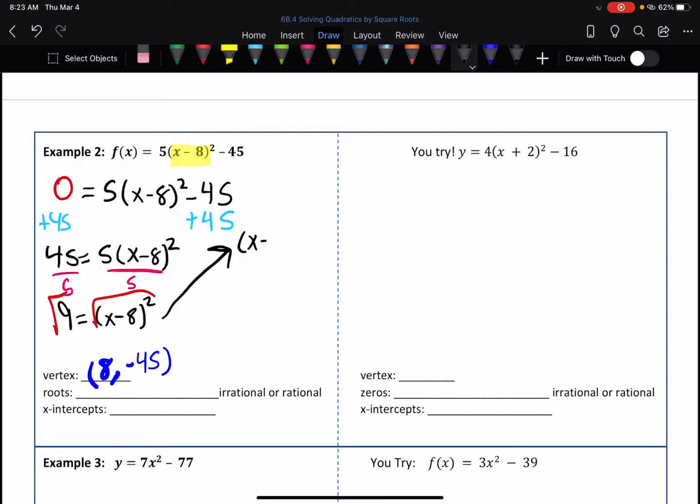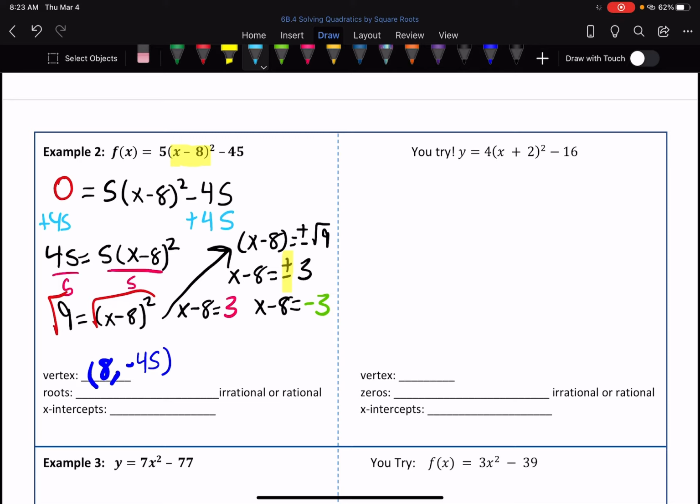And I'm going to have x minus 8 is equal to plus or minus the square root of 9. 9 is a perfect square, so I can rewrite this as x minus 8 equals plus or minus 3. At this point, our x is not by itself. We have not solved for the variable x, so I have to split this into 2 equations. I'm going to have x minus 8 equals a positive 3, and x minus 8 equals a negative 3. So I've just broken up this plus or minus sign.